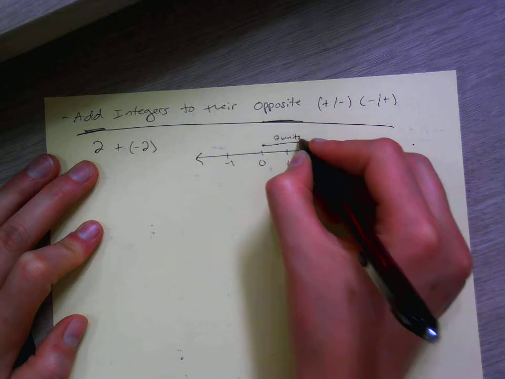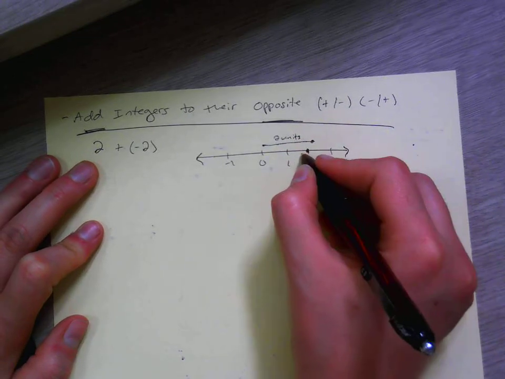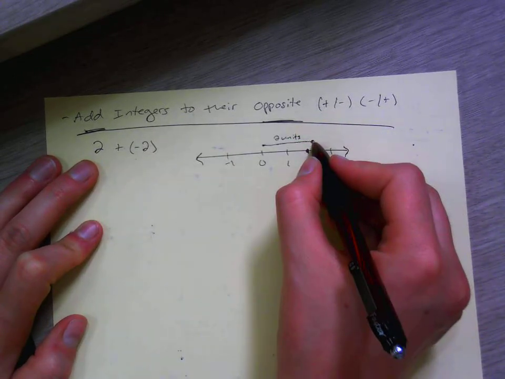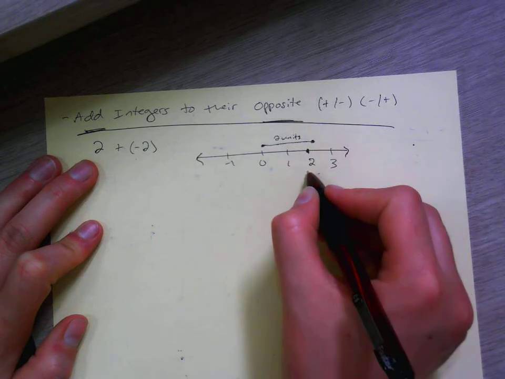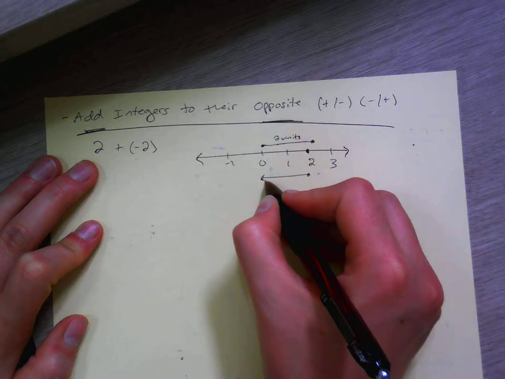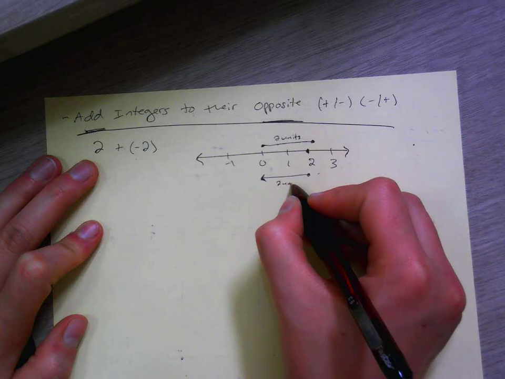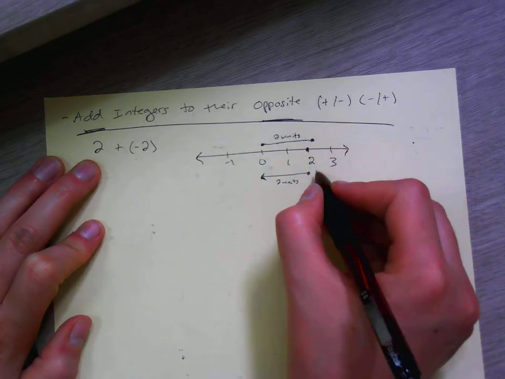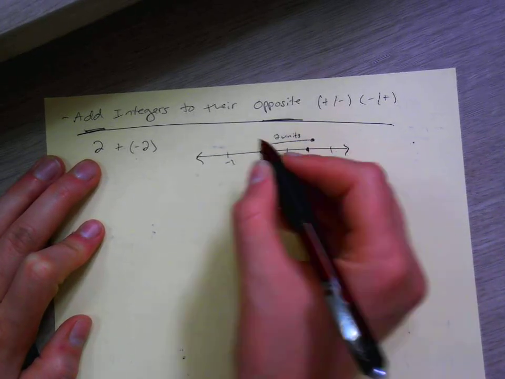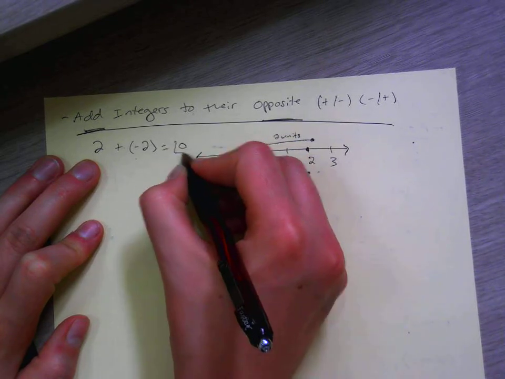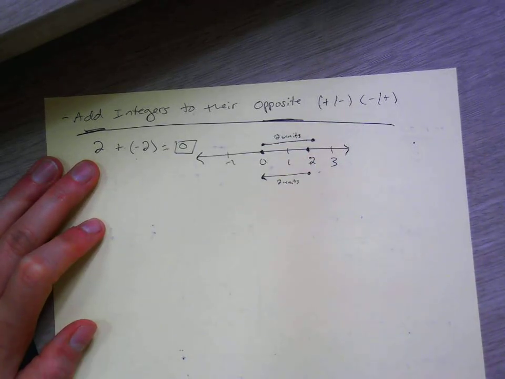And 2 is our first number, and then because this is negative, we need to go 2 to the left, 2 units, so we go back, and we end up at 0, therefore our answer is 0. So you could see that they are opposite.